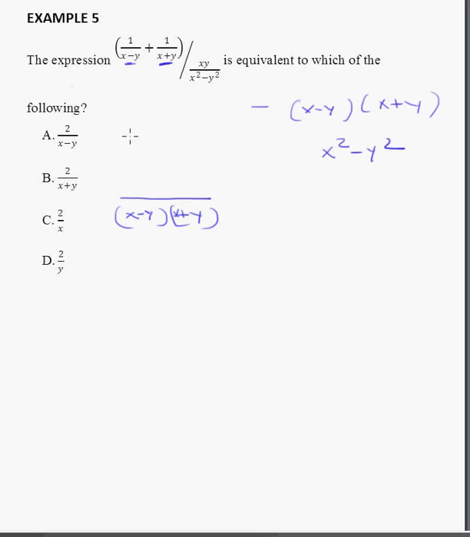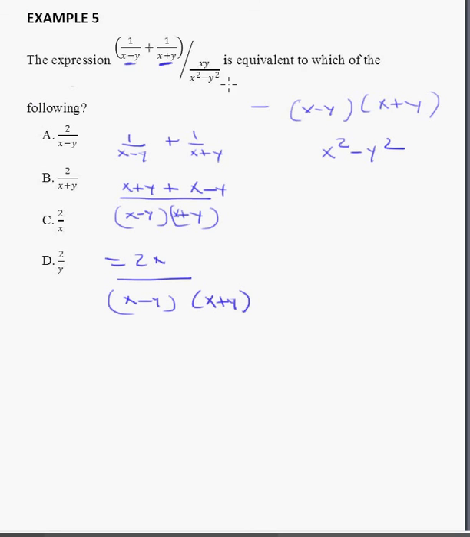Let me write it down here: x minus y plus 1 over x plus y, and I'll take this as my LCM. So this comes here, x plus y plus, and this comes here, x minus y, right? So that will give me 2x. This y will cancel that y, so that gives me 2x over x minus y, x plus y.